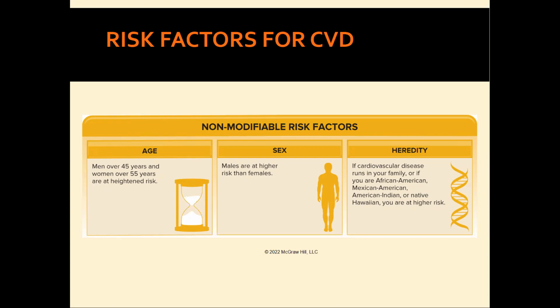And after women experience menopause, they have practically the same risk of developing heart disease as men. Also, when we talk about heredity, if you have a family history, blood relatives, and the closer the relative, the stronger your risk of developing heart disease, due to these inherited genetic factors.